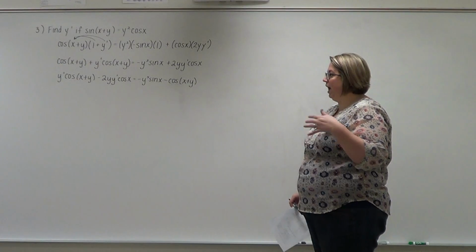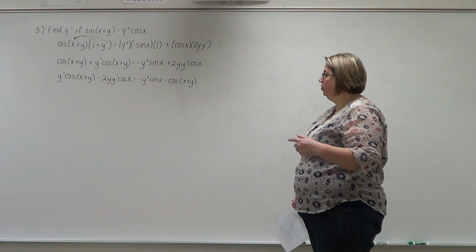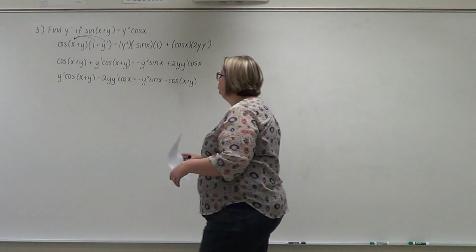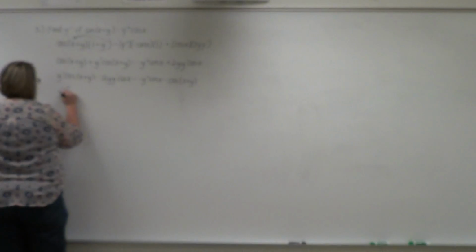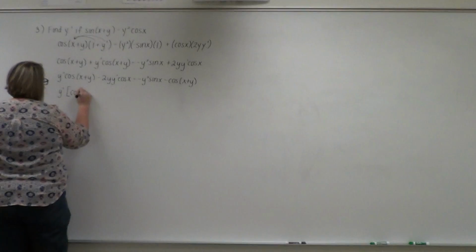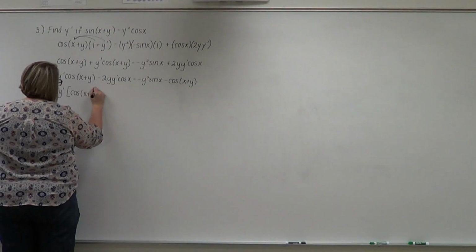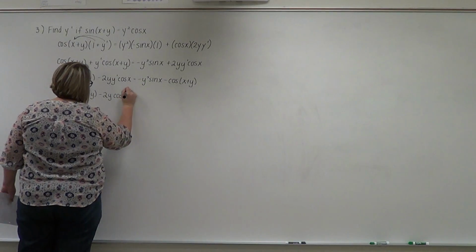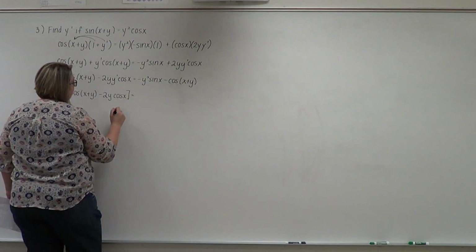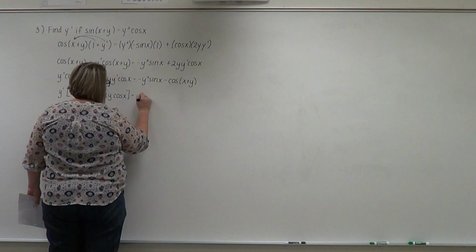Then you're going to factor out the y prime from both the terms on the left. So I would have y prime times cosine of x plus y minus 2y cosine x equals, now on the right hand side we didn't change anything.